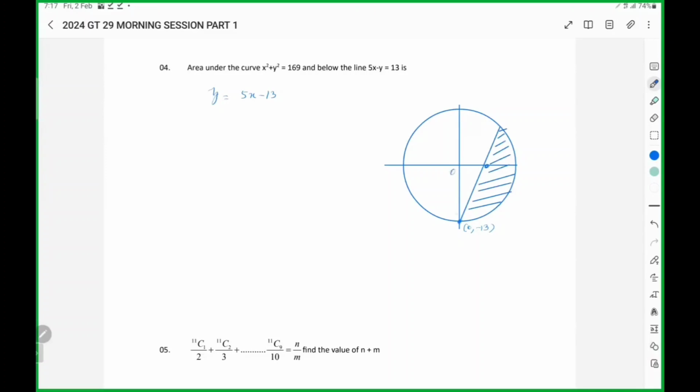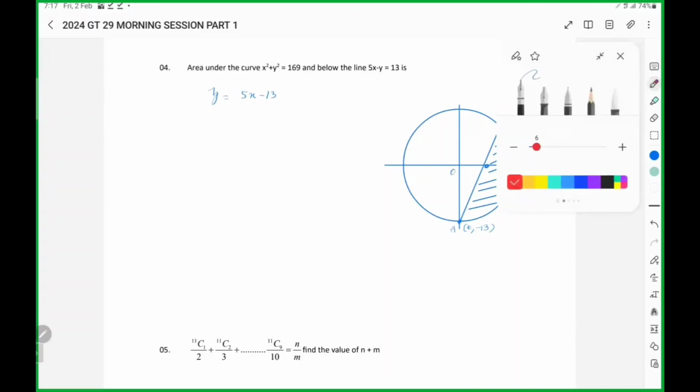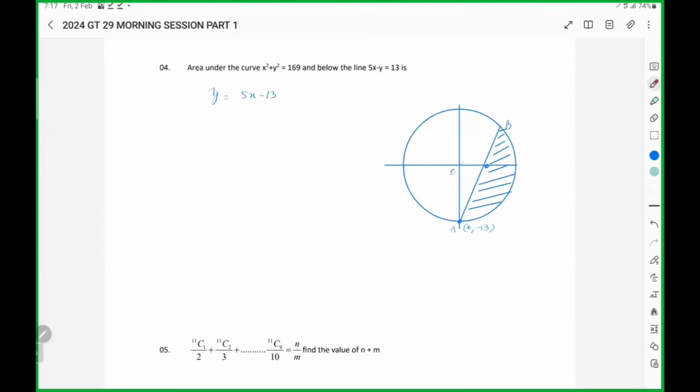So to find out that, what I do is I'll find the sector area. So the required area is sector area minus triangle area.